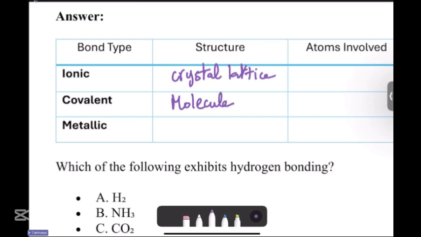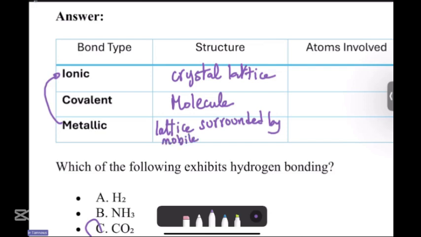In the metallic, it looks like the ionic, but it's a lattice surrounded by a sea of delocalized, mobile, negative electrons.